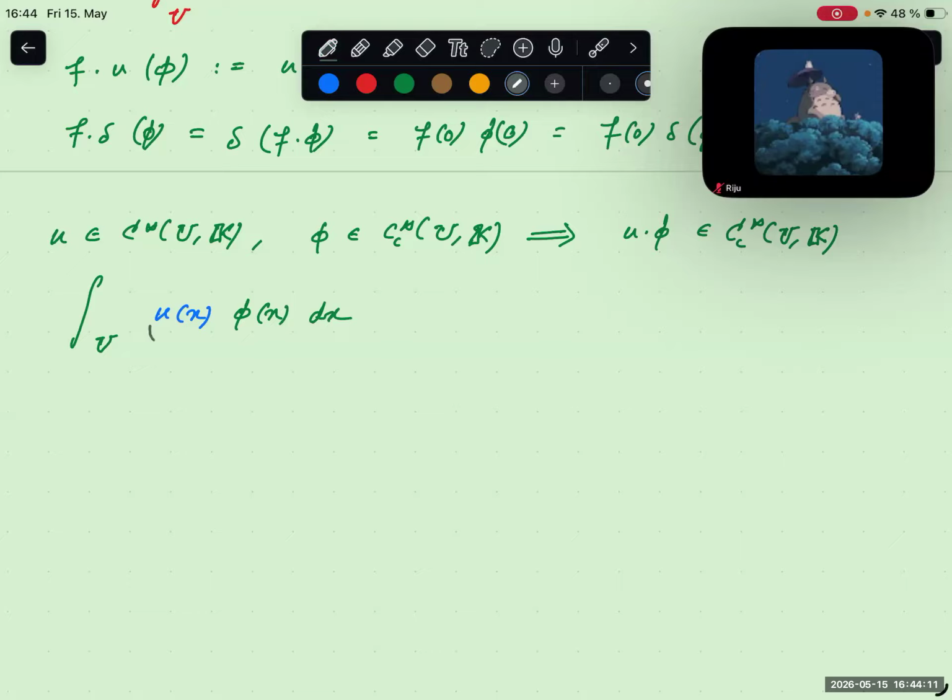Since this is compactly supported, this integration makes sense, or it is integrable, or L1. Now you are familiar with these functional spaces. And let me write this just in a symbolic sense: u, phi. Yeah, it's just a symbol. So this is what it is.